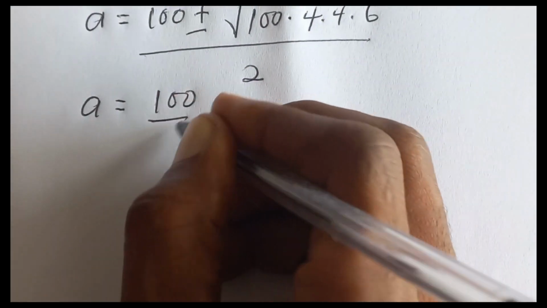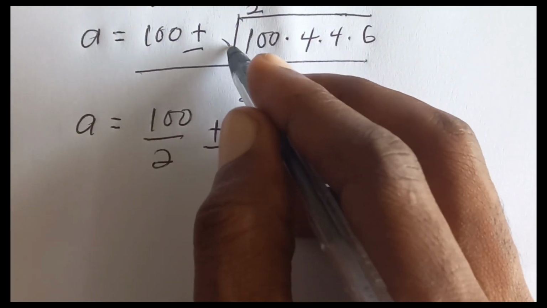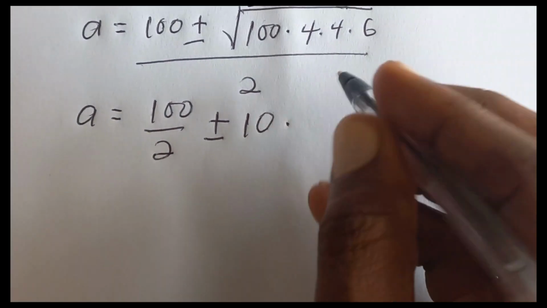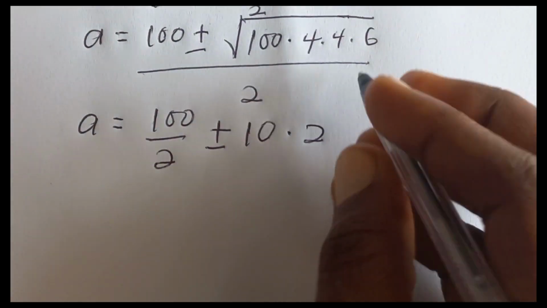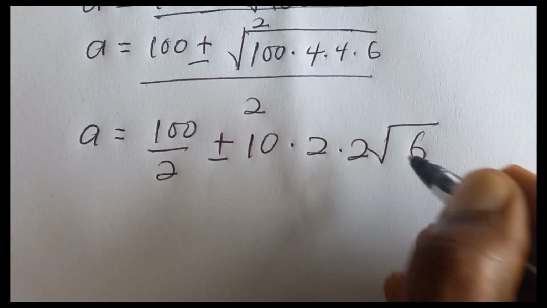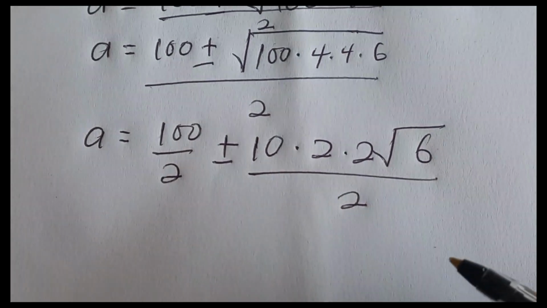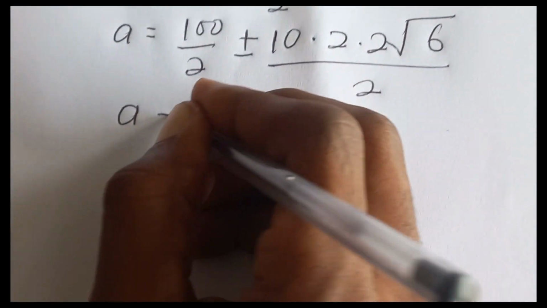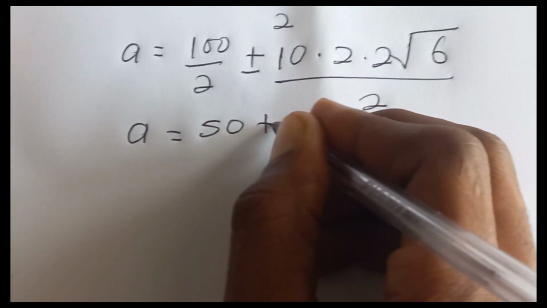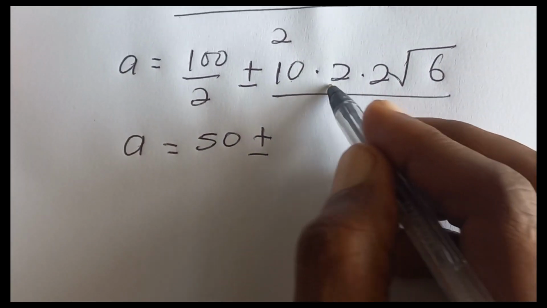So we are now going to get a is equal to 100 on 2 plus or minus square root of 100 is 10, multiplied by square root of 4 is 2, and the square root of the other 4 is 2, then it's root 6, all on 2. So from here, you can say that 100 divided by 2 is 50, plus or minus, now this one, it will be 10 times 2, which is 20.